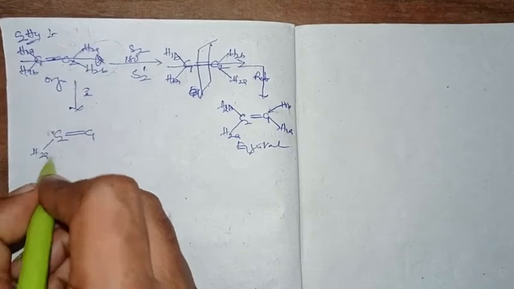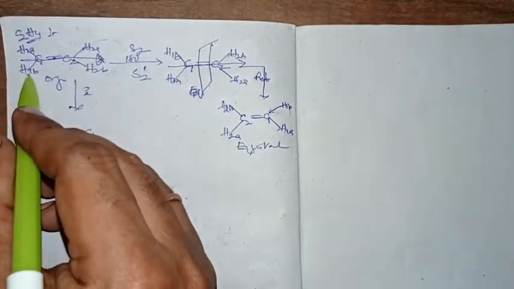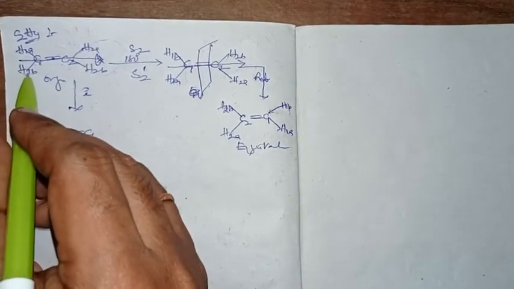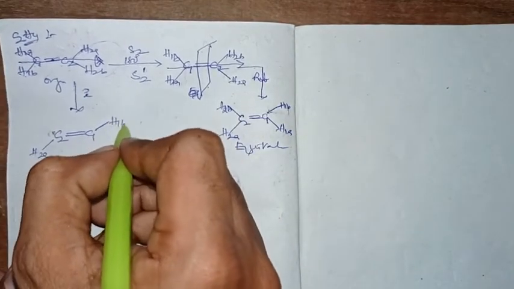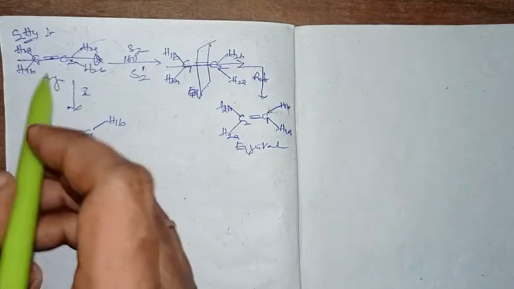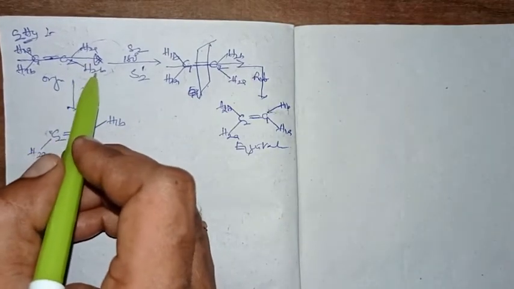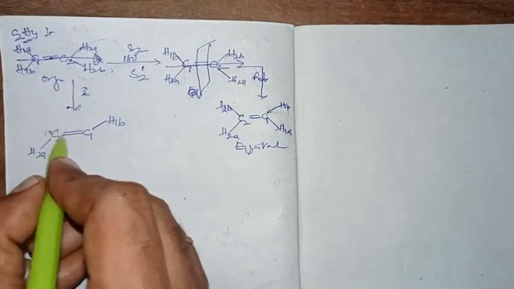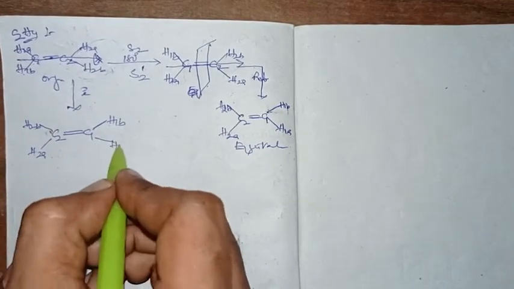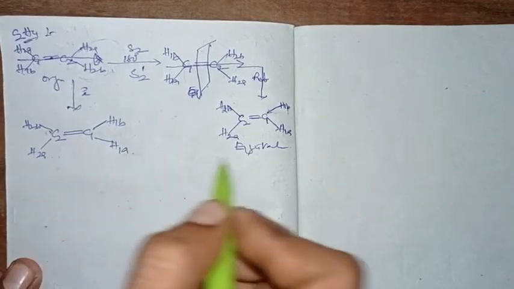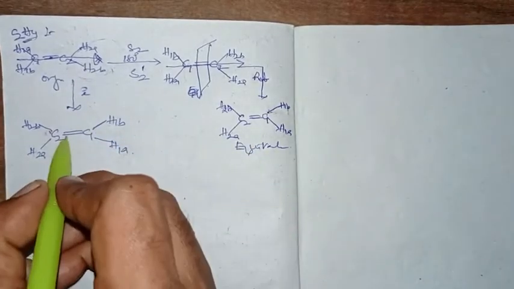Same to that, when H1B is inverted, it gets the H2A position, right, like this. Same with H2B, when it is inverted, it reaches the H1A position, and H1A gets the position of H2B, right? So this is what it got.